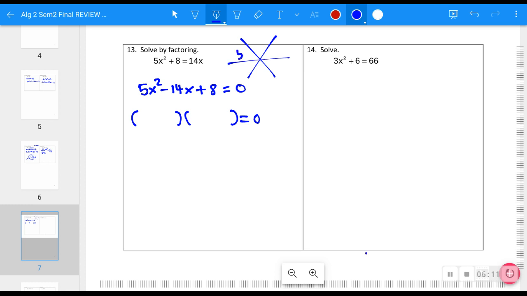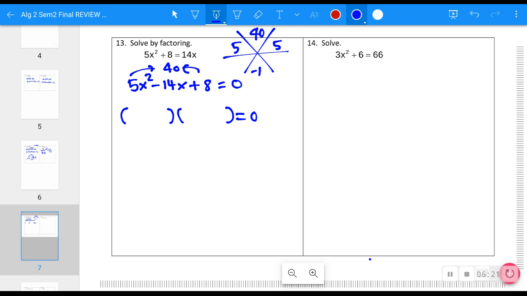Let's see, we have a 5 to start with. These two numbers multiply to give 40, and we need two numbers that multiply to give 40 and add to give negative 14. I don't think we need a calculator on that. 10 and 4 will work just fine if they're both negatives.